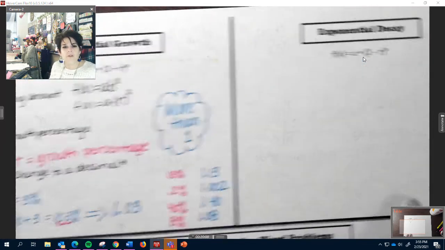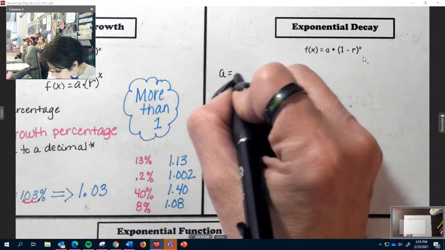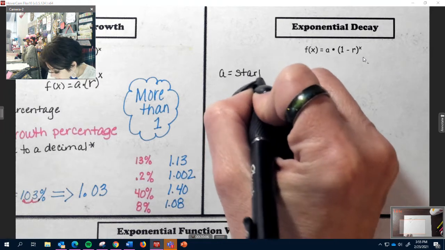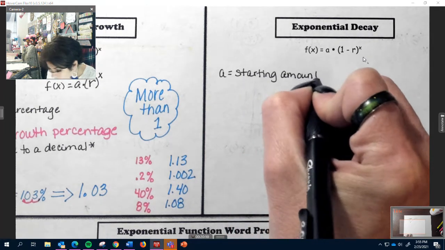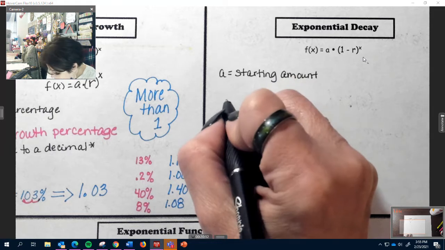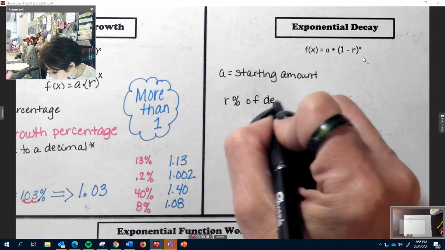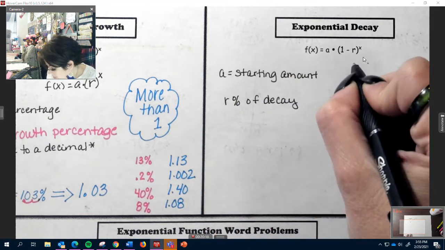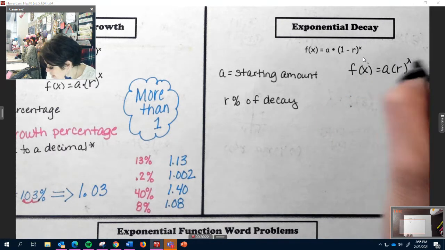Okay, so let's go over here and let's do decay. Decay is going to be the same thing. A is going to be the starting amount. And R is going to be the percent of decay. We're still going to kind of look at it as f of x equals a times r to the x power.